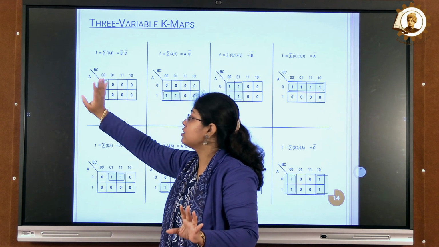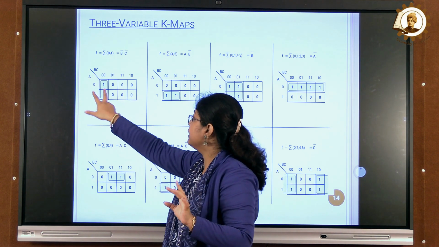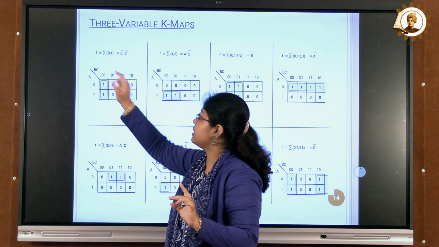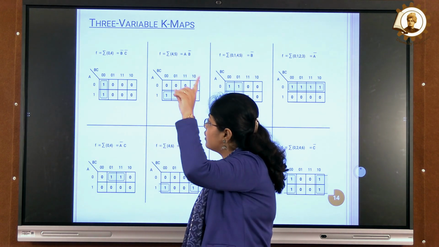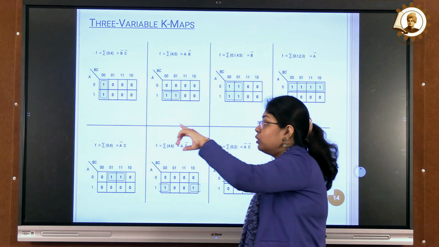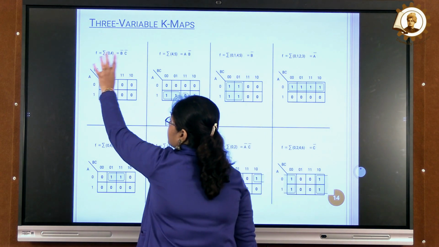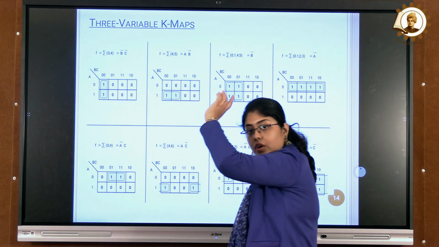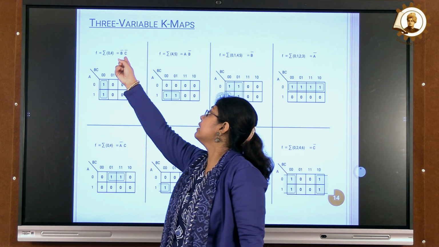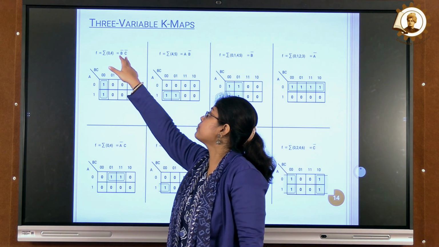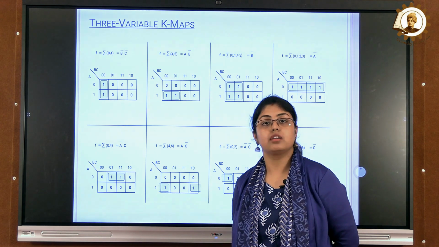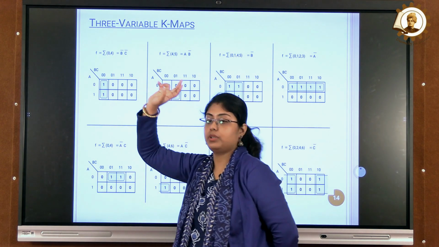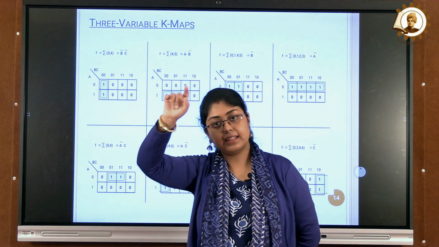So A is not taken, but we take B bar C bar. For sum of product, 0 means B complement, and that is also 0, so C complement. That is why the simplified expression will be B complement C complement for this example. Let me explain another example.